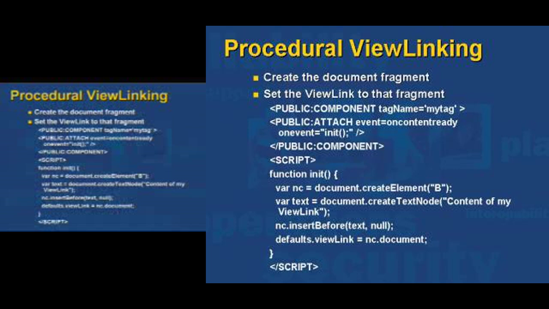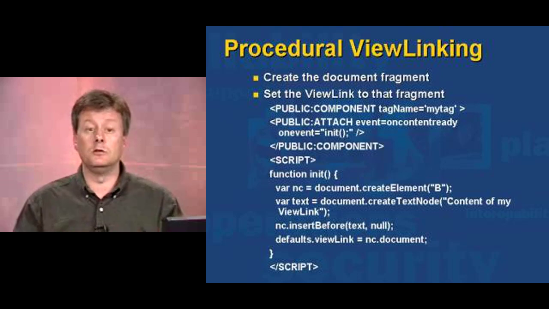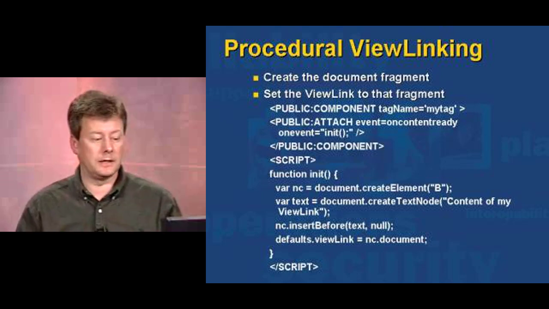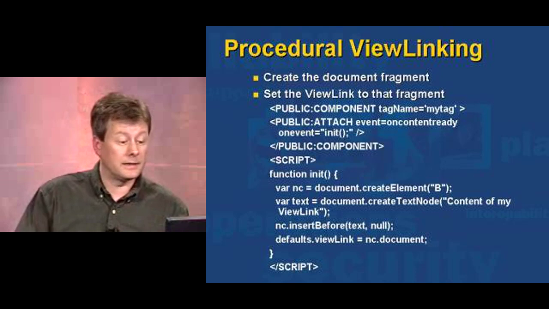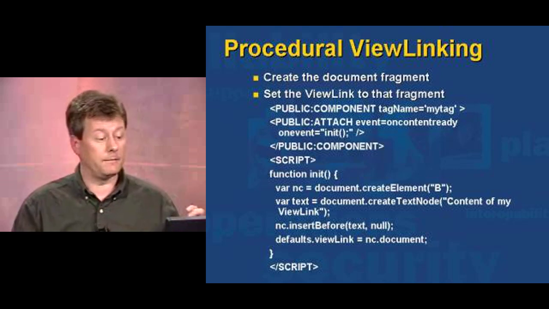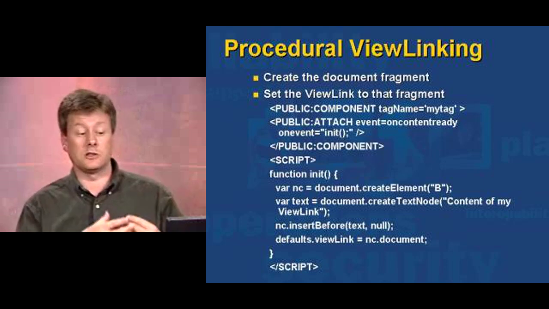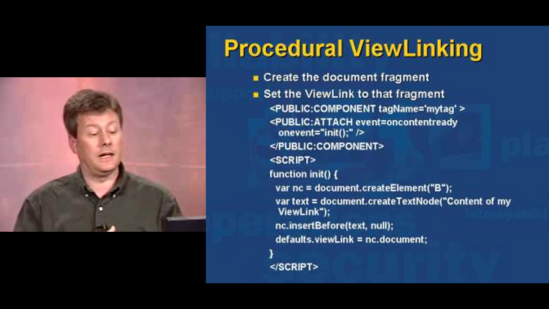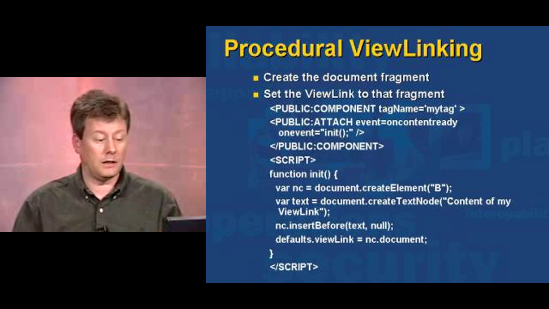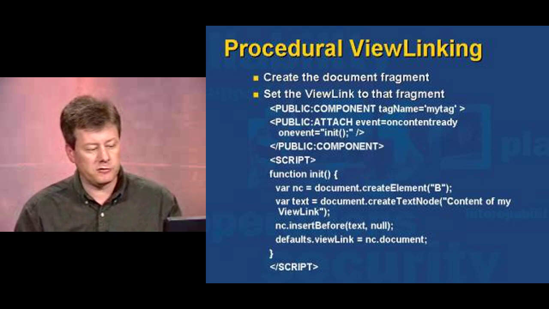The alternative way to do view linking is procedurally. If you're building up your own dynamic content for the display of an element, in this example, in the initialization of this document, we have a function called init. What it does is create an element of a bold tag, creates a text node for that bold tag, and this forces the creation of a document fragment.